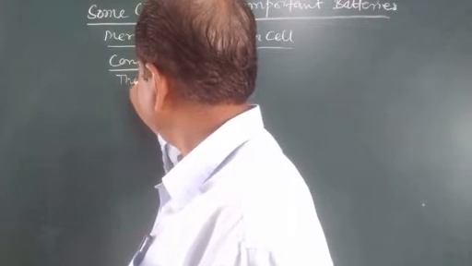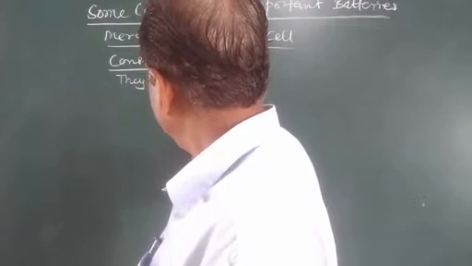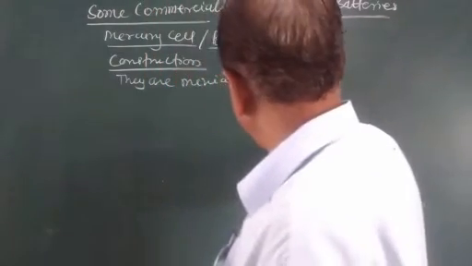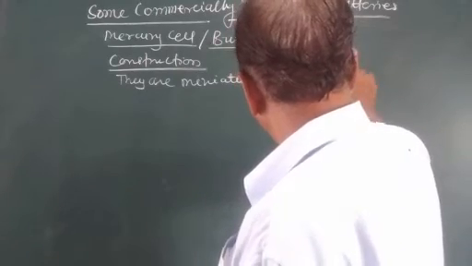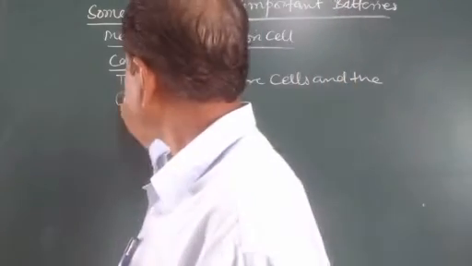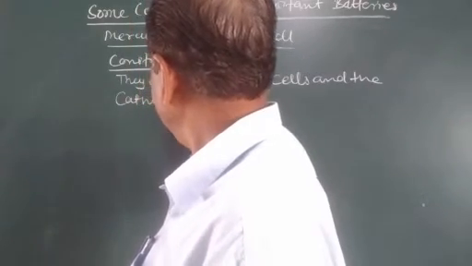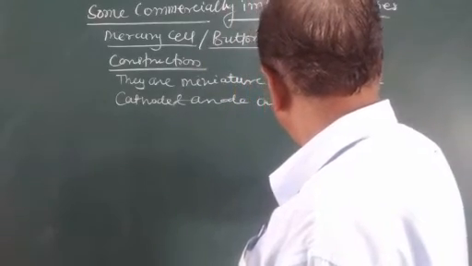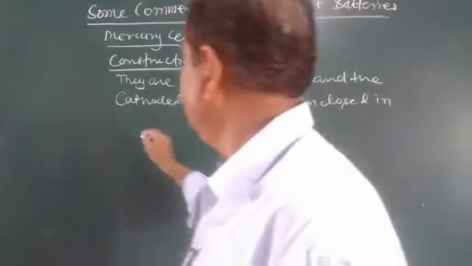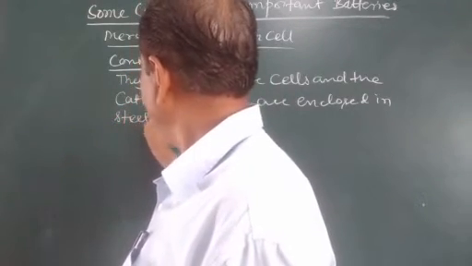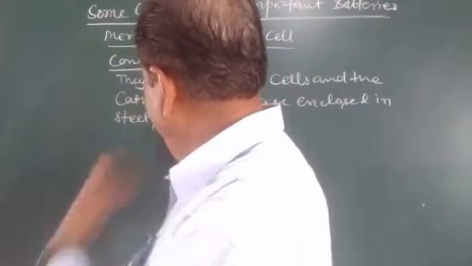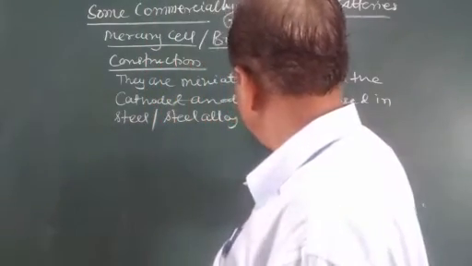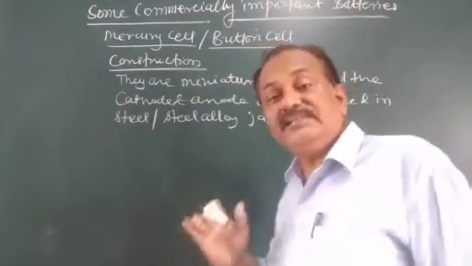They are miniature cells, meaning minute, and the cathode and anode are enclosed in a steel alloy jacket.